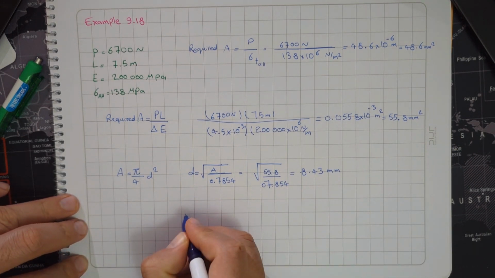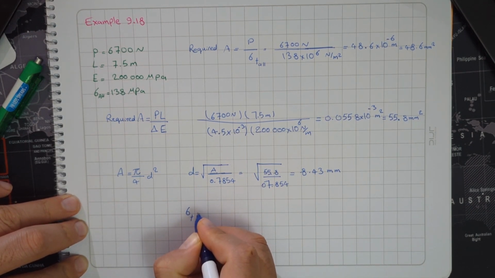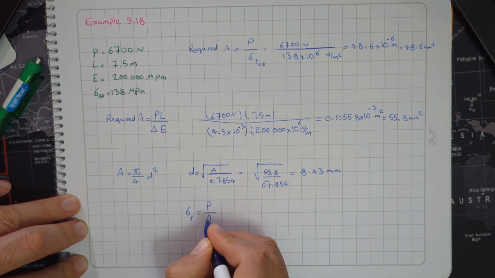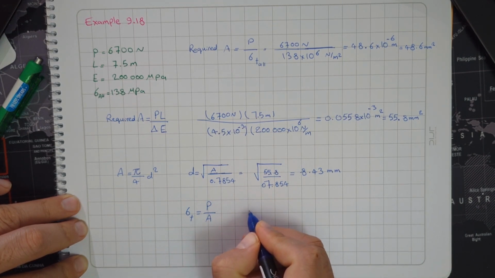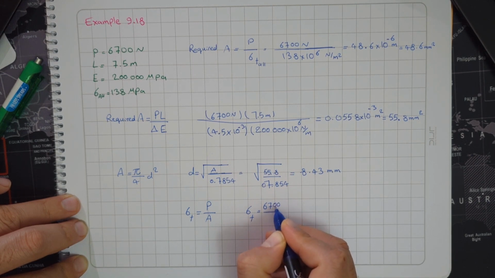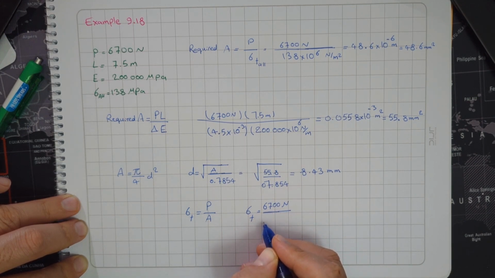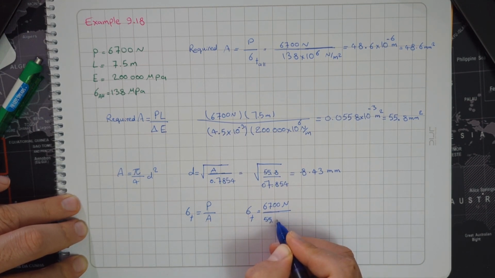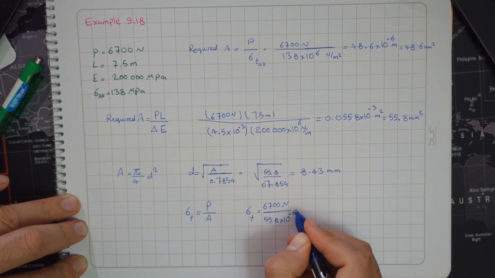So sigma T equals P over A. So sigma T equals P was 6,700 Newton over 5.8. But this is Newton, this has to be in cubic meters.